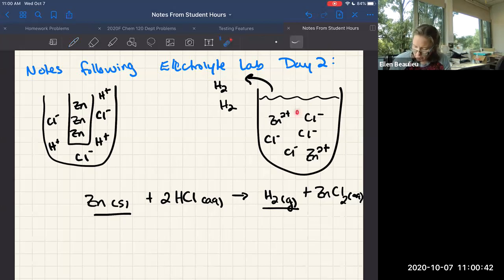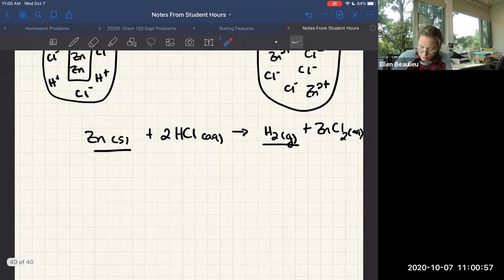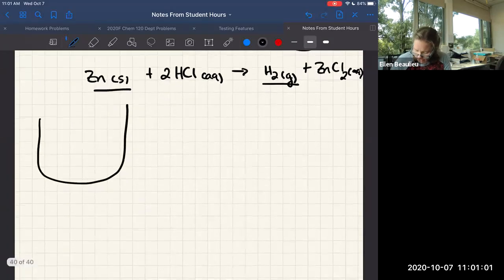Charge is important, zinc 2+, chloride -. I don't see any intact zinc chloride molecule because it is an aqueous ionic compound, which means it fully dissociates. Strong electrolyte.